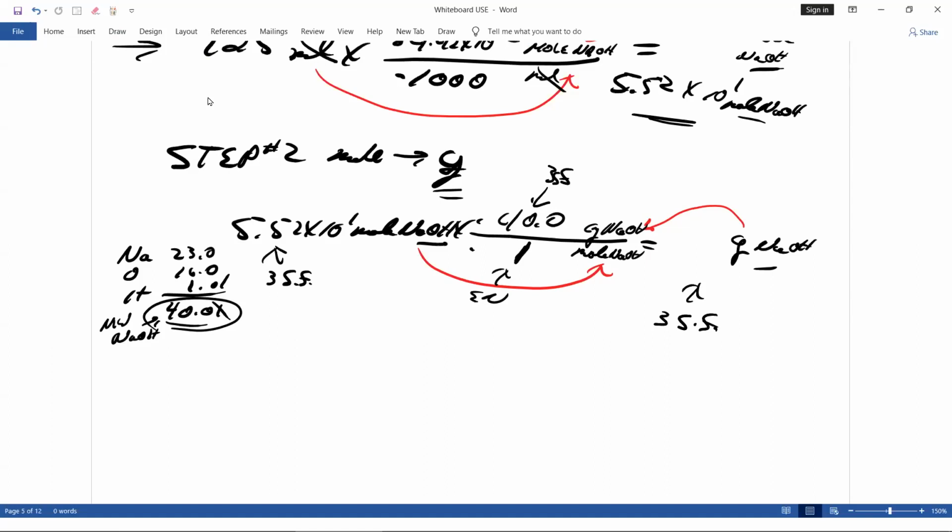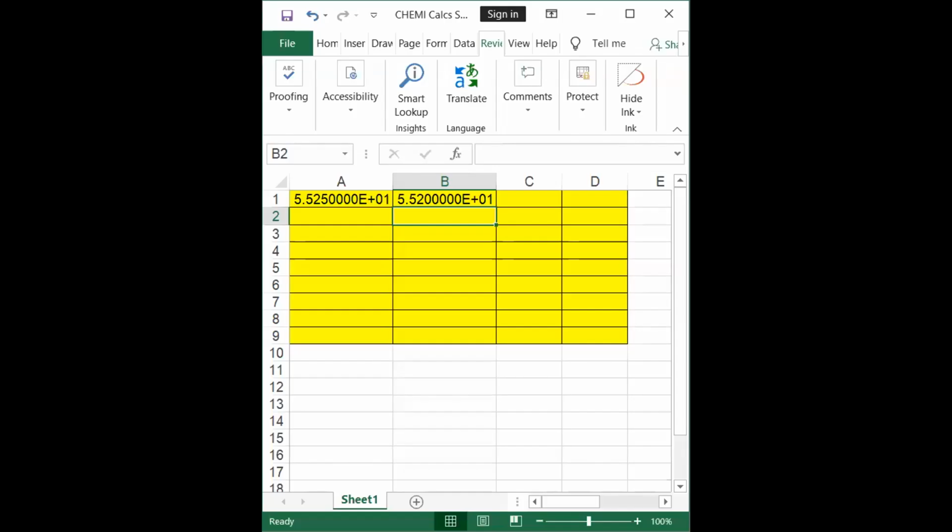And now I know what to do. I go to my spreadsheet. And now, since there are 2 ways of rounding off, I have 2 columns.